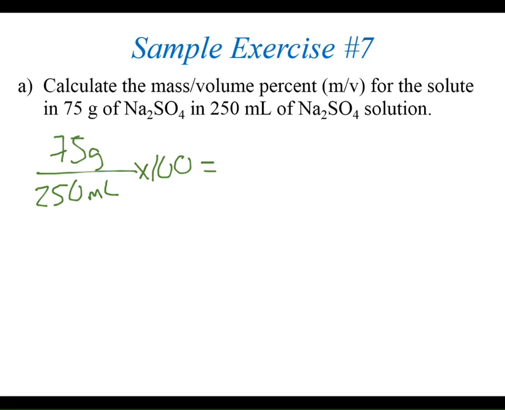So what is it? 30. I'll put a little decimal because it's two sig figs.